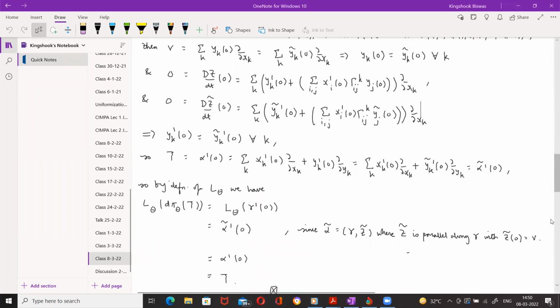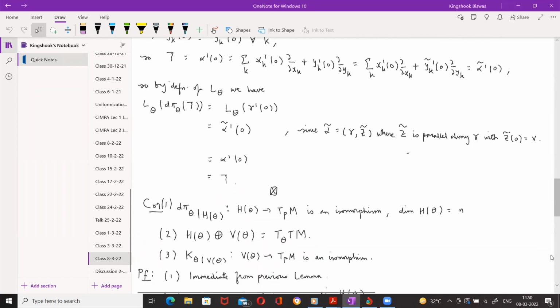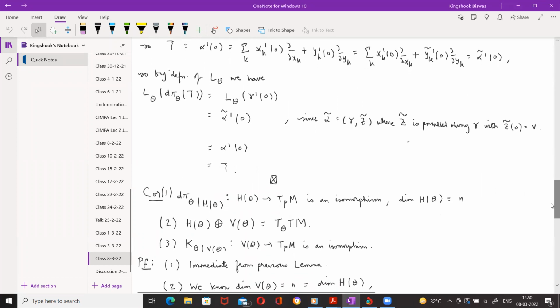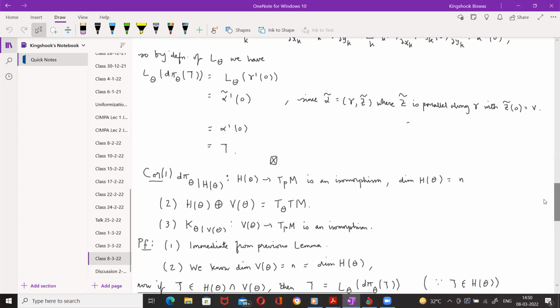So we've defined the horizontal lift and we've shown that it's an inverse to d pi theta restricted to the horizontal subspace h theta. So therefore we get, as an immediate corollary, that d pi theta restricted to the horizontal space h theta, from h theta to TpM, is an isomorphism. So we get that the dimension of h theta is also n.